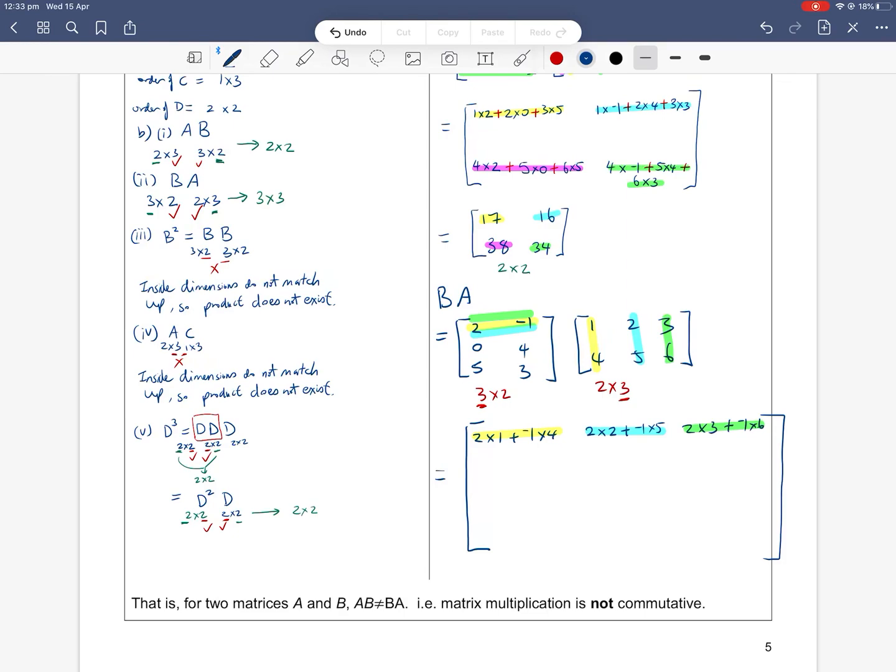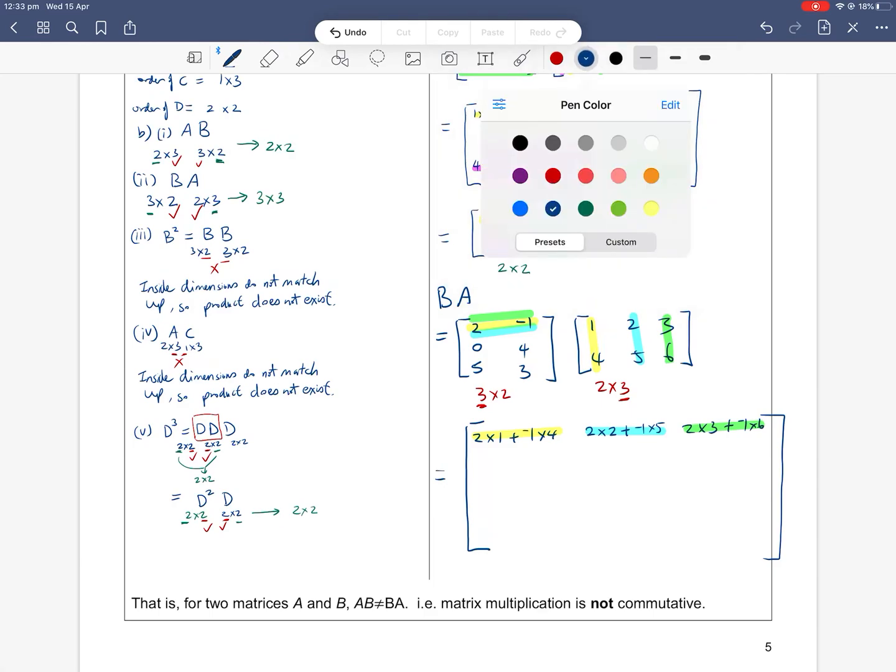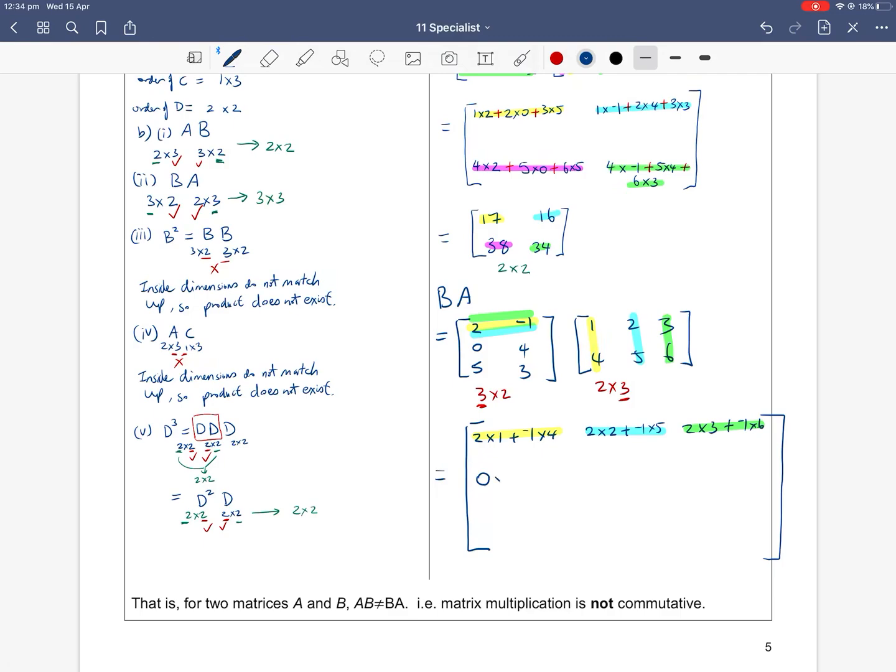Row by column, whichever row and column you're looking at, it's the row and column entry of your resulting answer. You multiply each element. So you have 0 times 1 plus 4 times 4 as row 2, column 1. Then 0 times 2 plus 4 times 5 as row 2, column 2. And then 0 times 3 plus 4 times 6 as row 2, column 3.